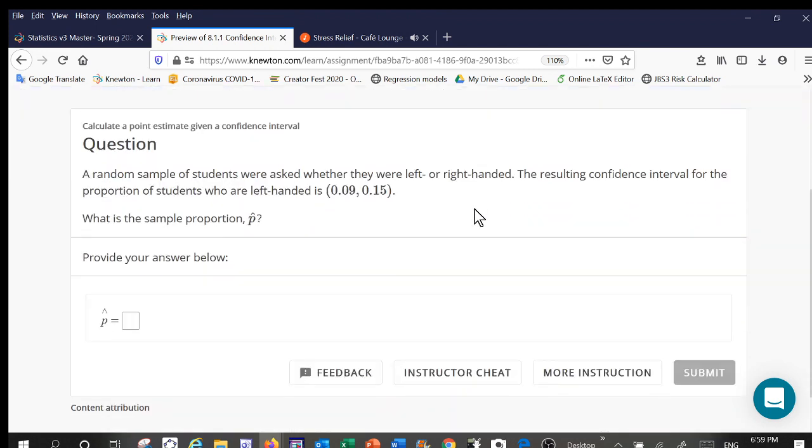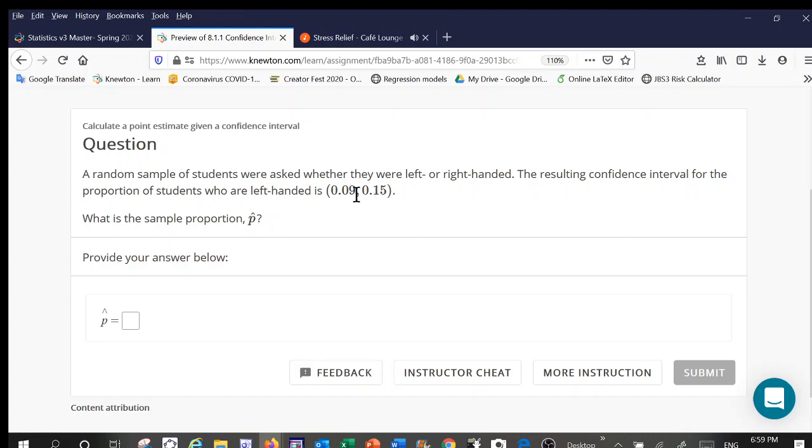All right, let's do another one. What is the sample proportion? Well, sample proportion would be the number of successes divided by the sample size, but we don't have number of successes and sample size, but we have the interval. So basically, if this interval is created by adding and subtracting error to p prime, then p prime has to be in the middle.